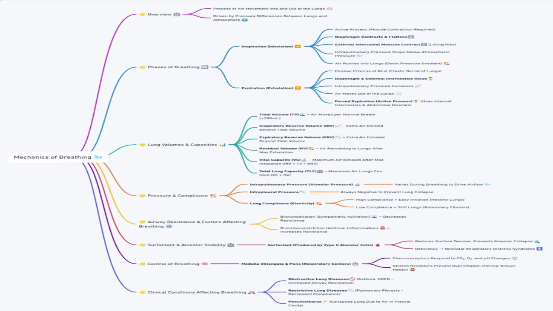The alveolar pressure is the same as the intrapulmonary pressure. So when you subtract the intrapleural pressure, you get the transpulmonary pressure, and that's a determinant of lung volume. And the airway pressure gradient is the atmospheric pressure minus the alveolar pressure, or the intrapulmonary pressure. Okay, so these are some of the pressures that you can think of.